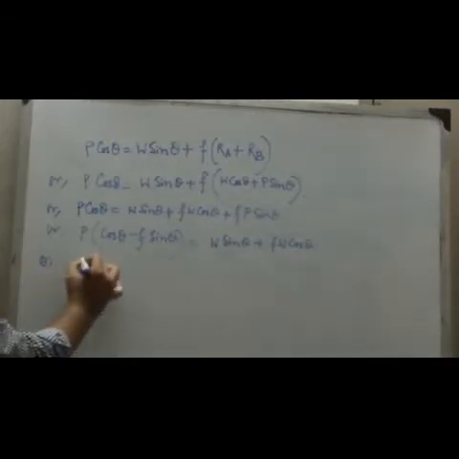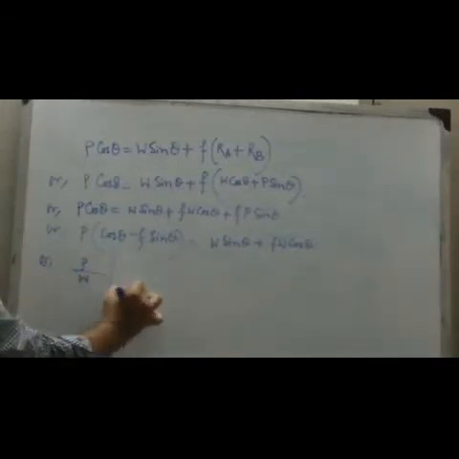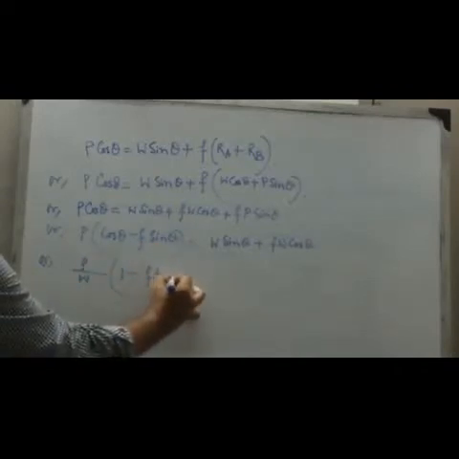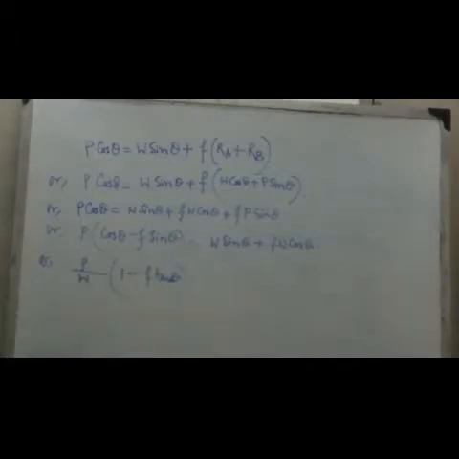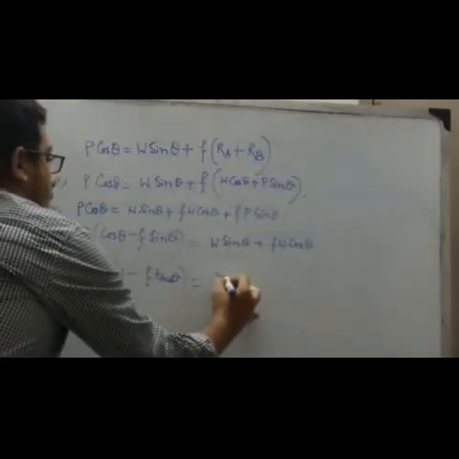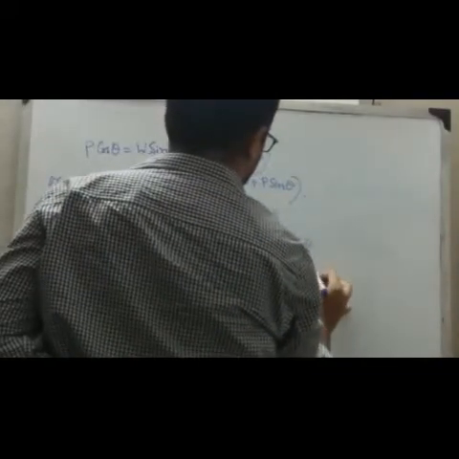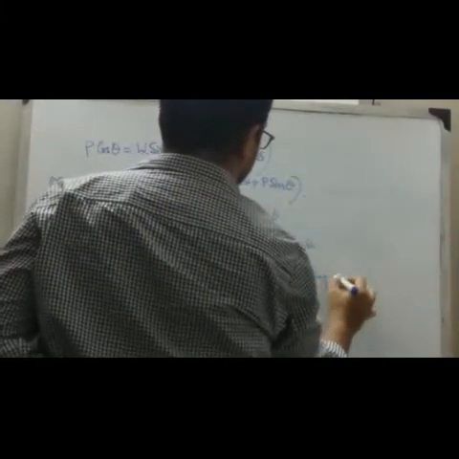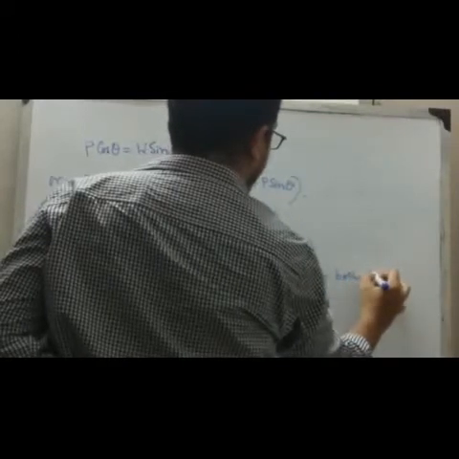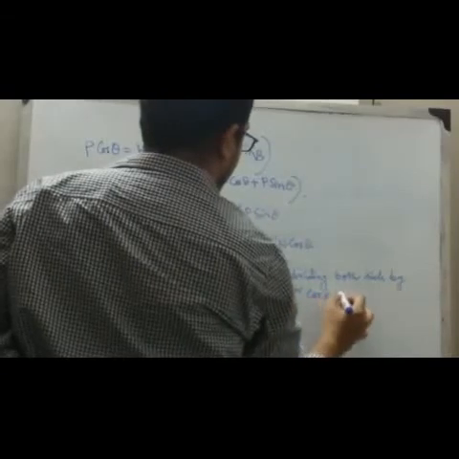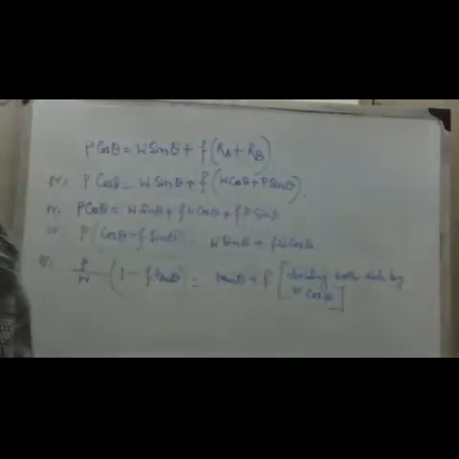The value should be P by W into 1 minus F tan theta, and that is equal to tan theta plus small f, which is actually dividing both sides by W cos theta.